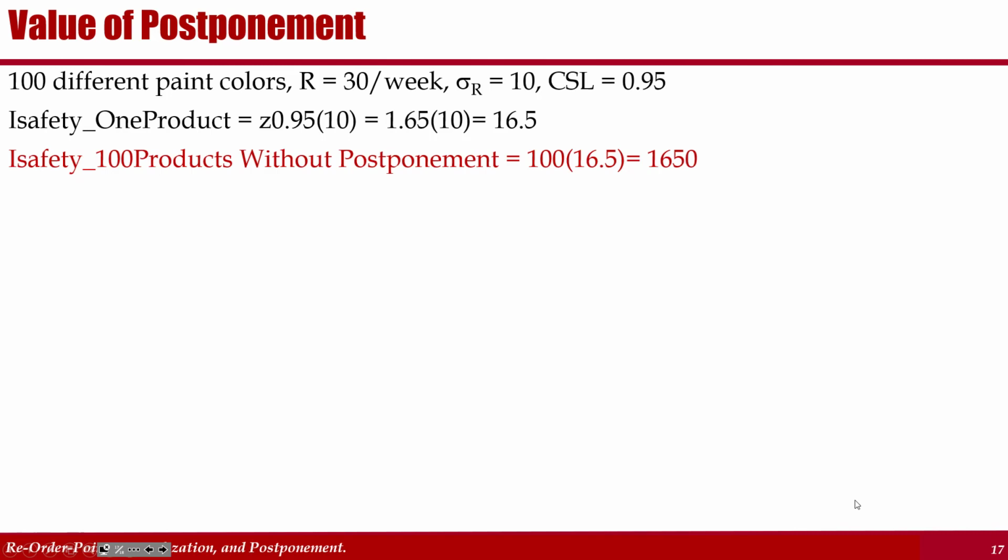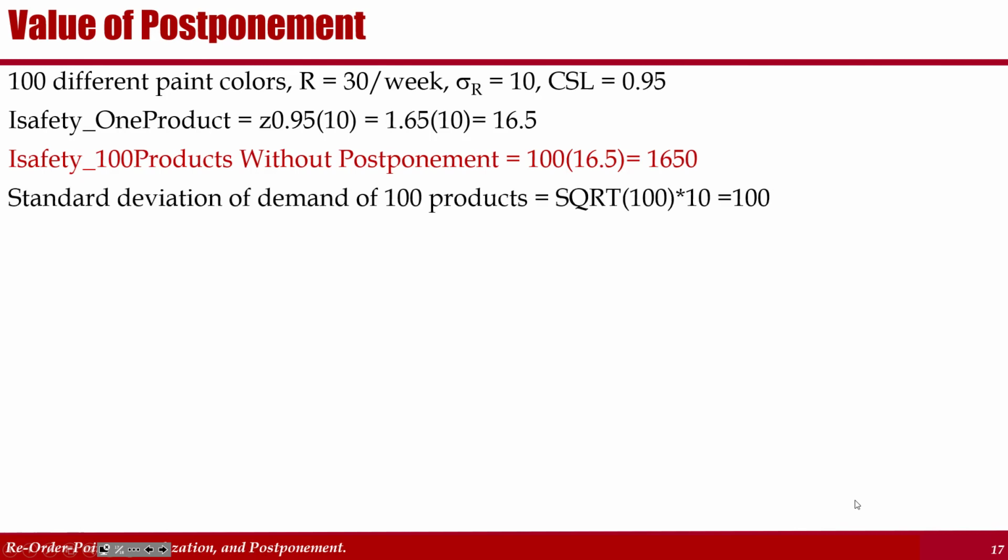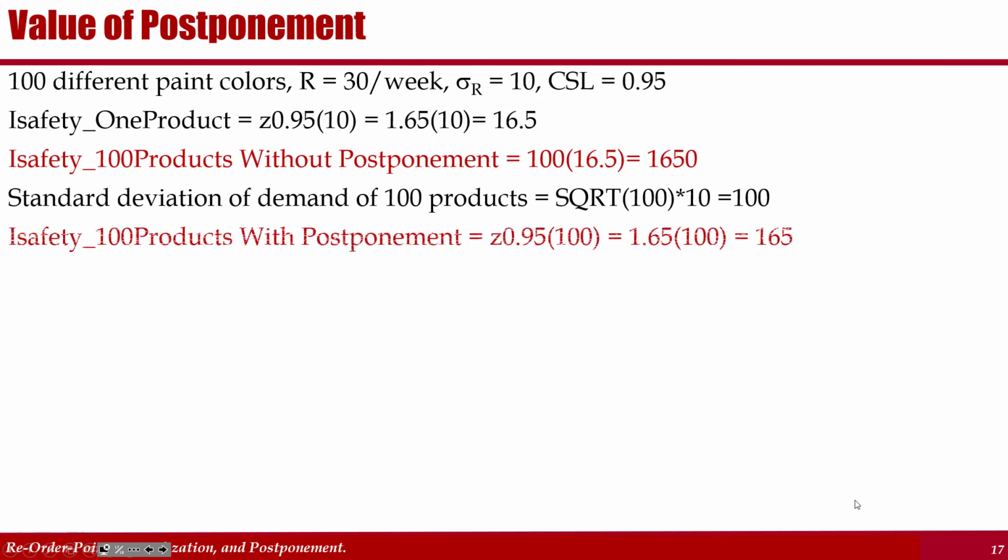But now, they have postponed the differentiation. These colors are there, and then they combine different colors with that, and they can make infinite colors. But now we would like to stay with this 100. We added 100 products. The standard deviation is the square root of 100 multiplied by the standard deviation of each, and therefore standard deviation is 100.